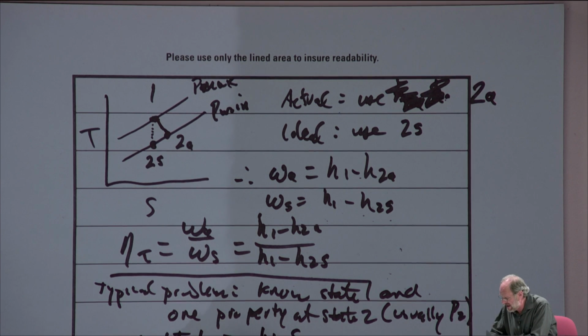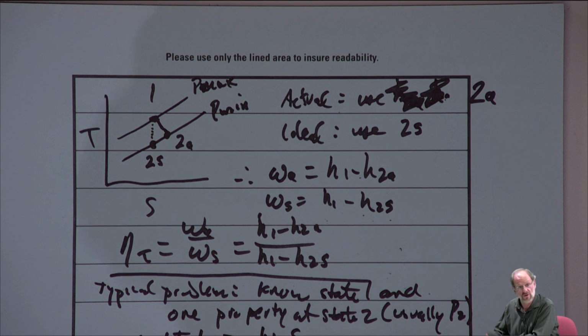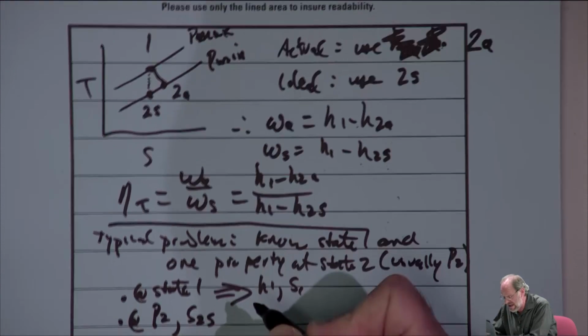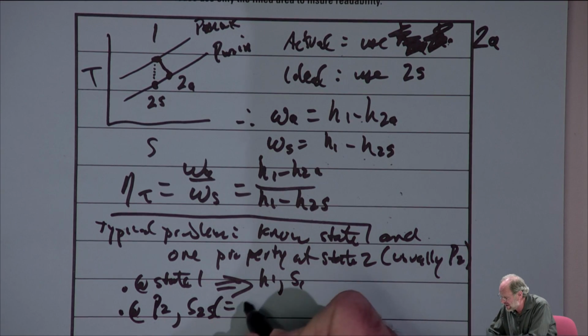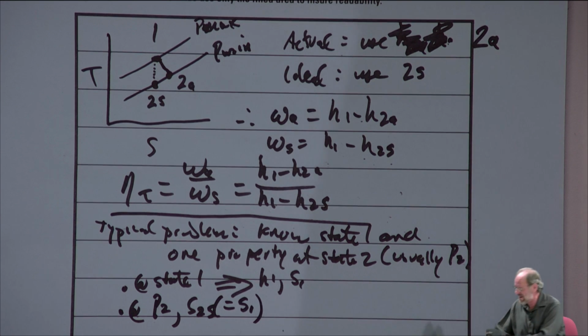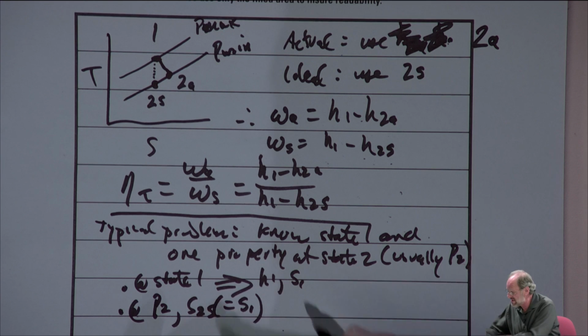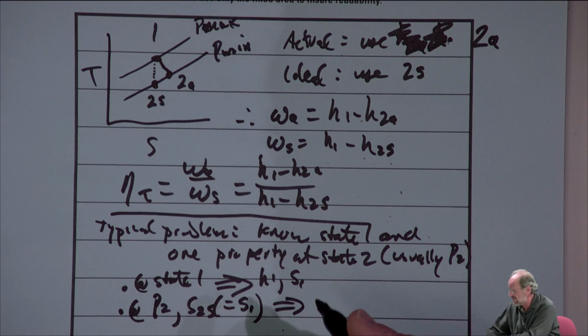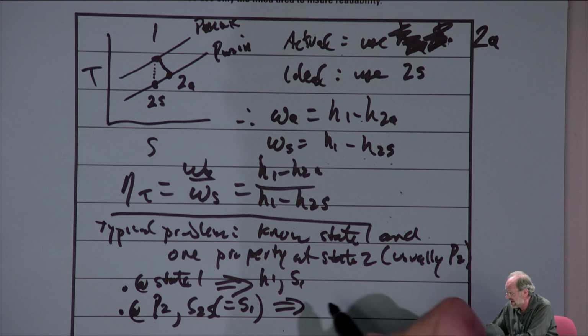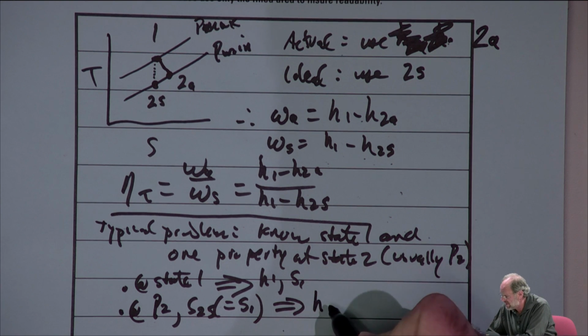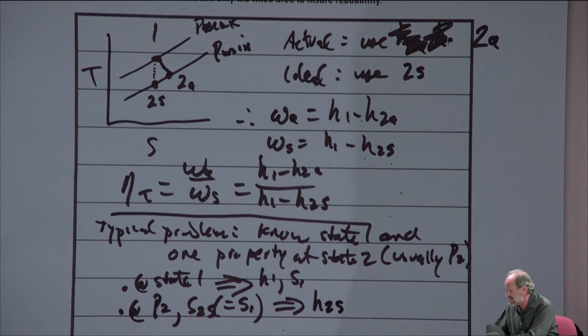And then at the two known properties at state point 2S, in other words, at P2 and at S2S, and noting again that we're assuming that S2S is the same as S1, this is the isentropic process. So again, we have two thermodynamic properties. They're both intensive. We know the state. So at these values, we'll now look up the value of H2S.